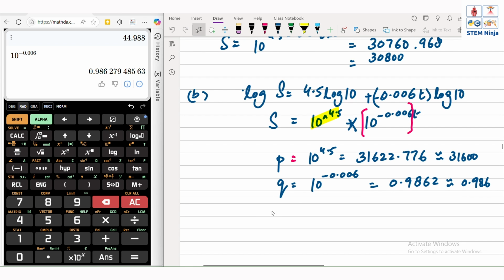Right. So S would be 31,600 times 0.986 raised to power t.